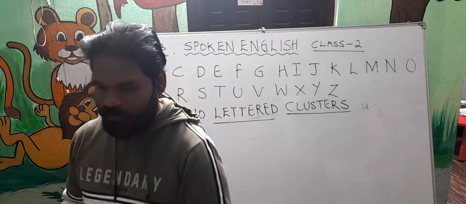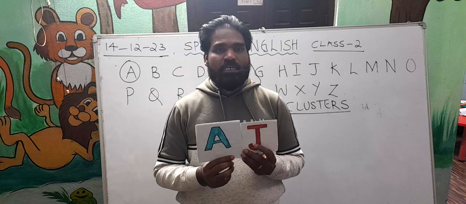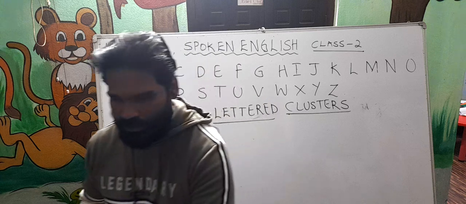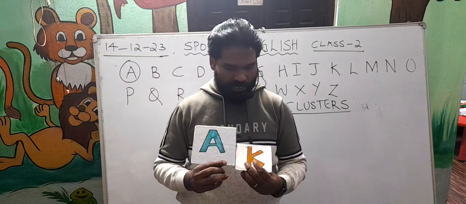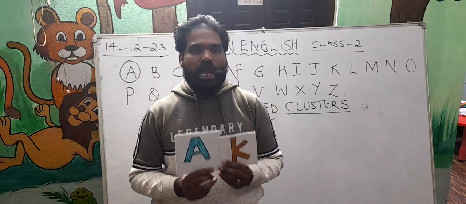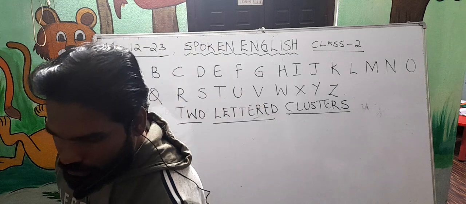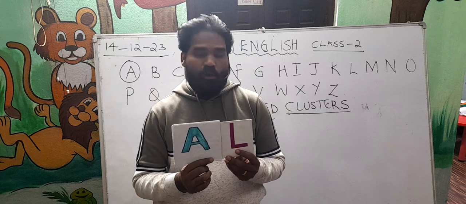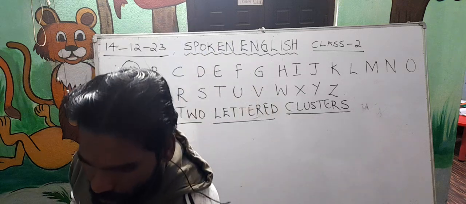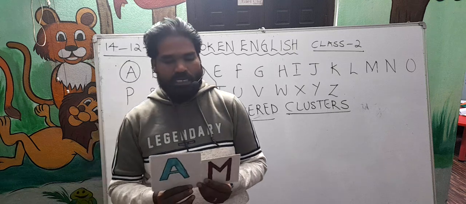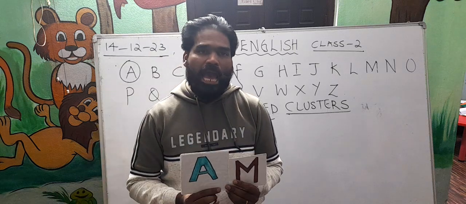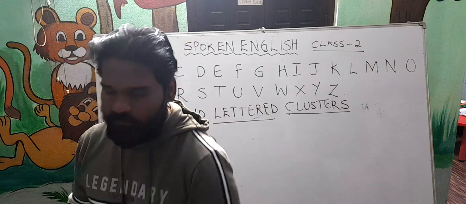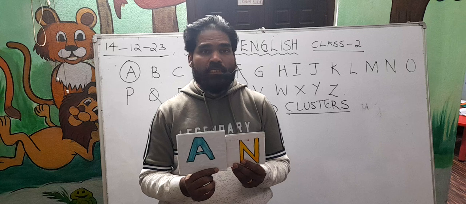Moving on to the next one, it's J. AJ, aj, or aj also is fine. Next is AK, ak. Moving on to the next, that's L. AL, al. After L, we have M, and that is AM, am. After M, we have N, which is AN, an.